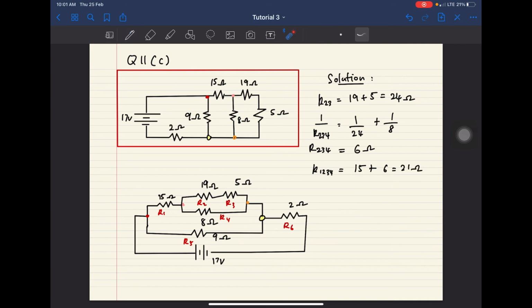Okay, so this one settled already. I just have to combine with the 9. 1 over R12345 equals to 1 over 21 plus 1 over 9, which is 6.3 here.